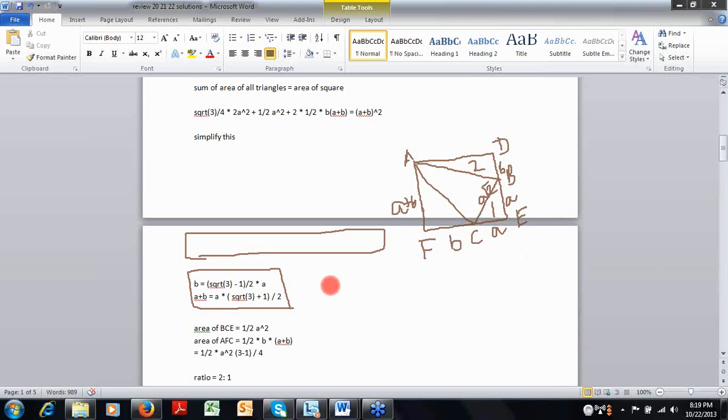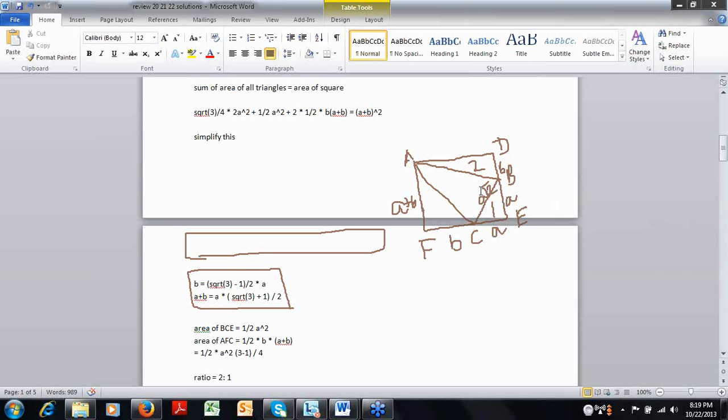Okay, so now we know the value of b, we know the value of a. So from this we can calculate the area of AFC. AFC is half b into a plus b. So we'll put the value of b in this, and then we can have the ratio of area of BCE to AFC. It will come out to be 2:1. If anybody still has a problem, just read. Yes, Prakash, the root has come in this way.